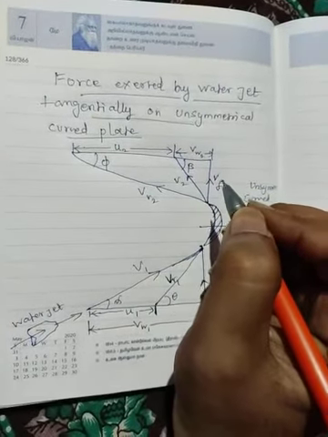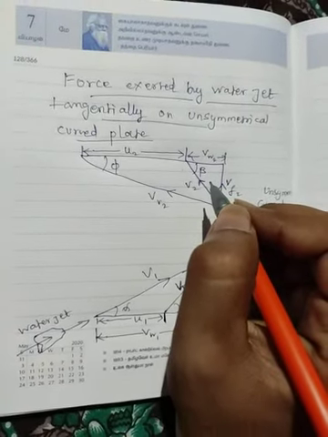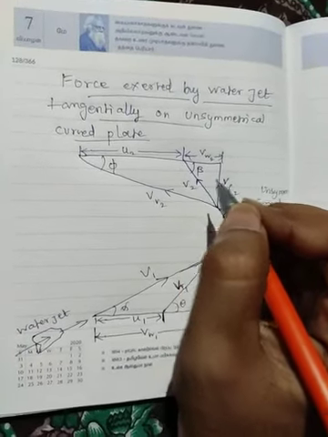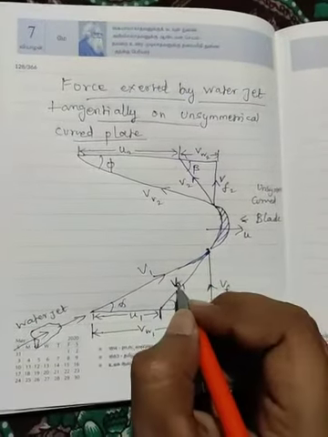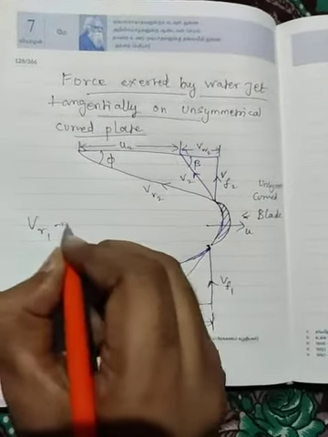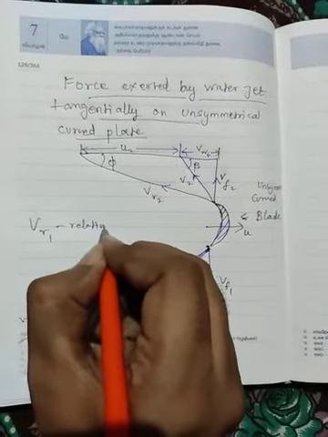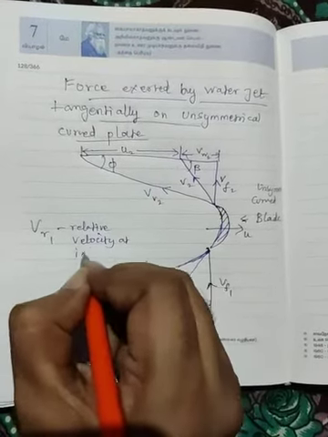The angle made between u2 and vr2 will be phi, and between v2 and vw2 will be beta. Here we end up with a lot of confusion, because there are v1, vr1, vw1, vf1. There are a lot of confusing terms.